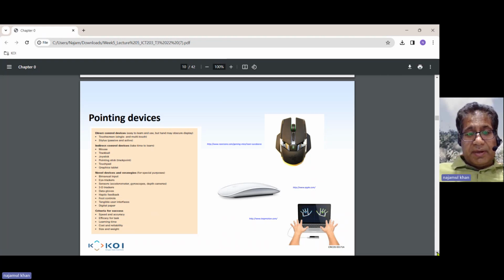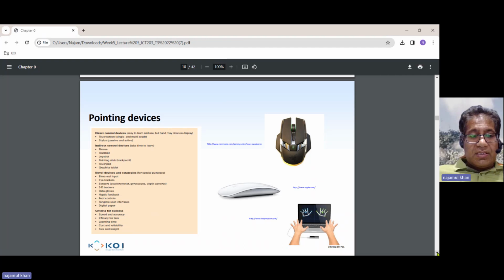Depending on what your needs are and whatever your use is, these things can be used. Mouse, I will say, is the most common one. You might not find trackball as common. Joystick is probably common for those who are playing games. It depends on what your needs are.